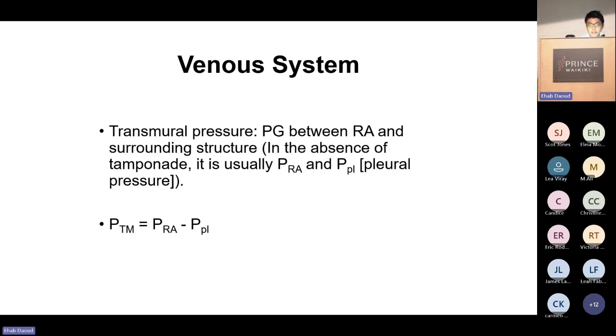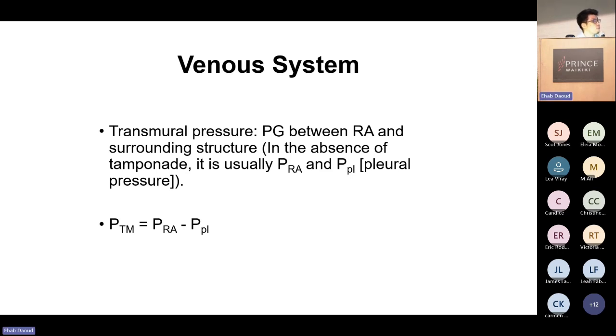So there's one more notion, and that's transmural pressure. So this is a pressure gradient between the right atrium and its surroundings. And especially when there's no tamponade physiology, this applies to the pressure gradient between right atrial pressure and pleural pressure. Now, of course, if there is a tamponade physiology, this is a different story.